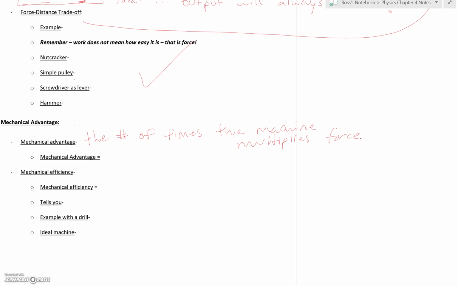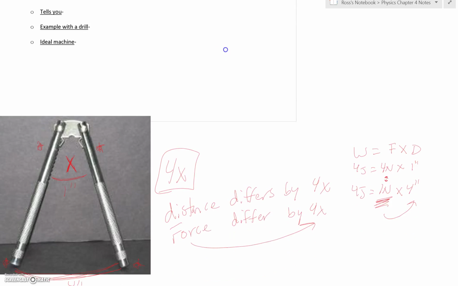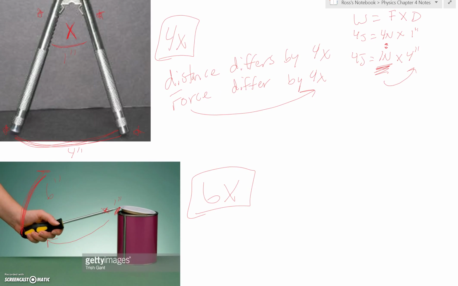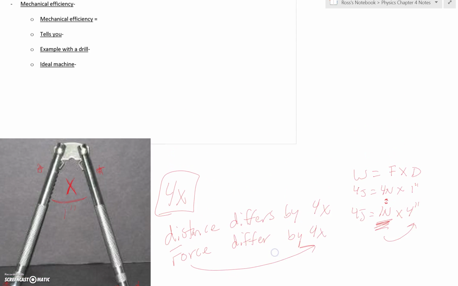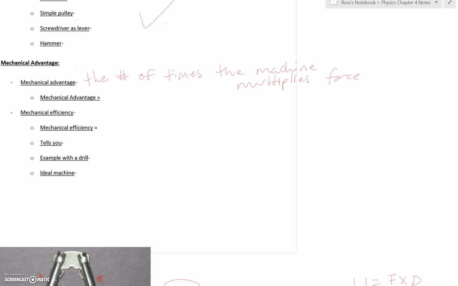For us in the classroom, it's a lot easier to measure the distance that the screwdriver and the paint can travel than it is to measure the force that you push down on or the force that the screwdriver pushes up on. So for our purposes, since we don't have very high-powered force meters, we can measure the distances traveled much more easily and then apply that information to the force. So this is the number of times the machine multiplies force.